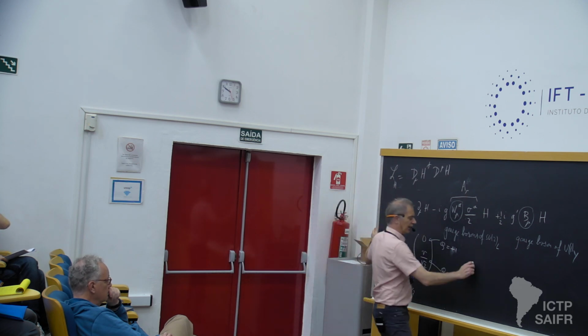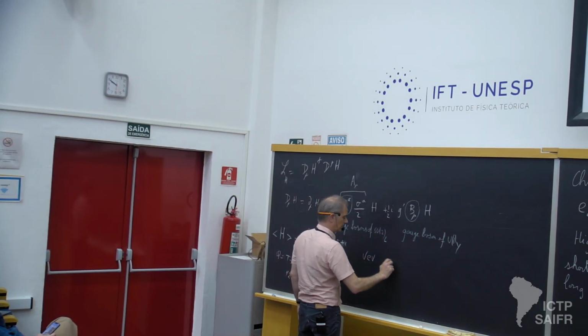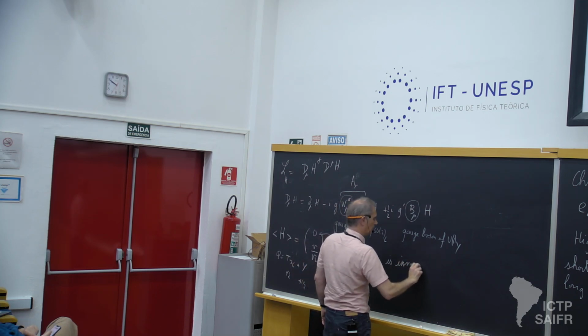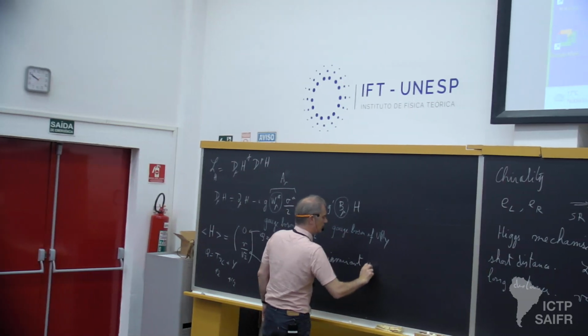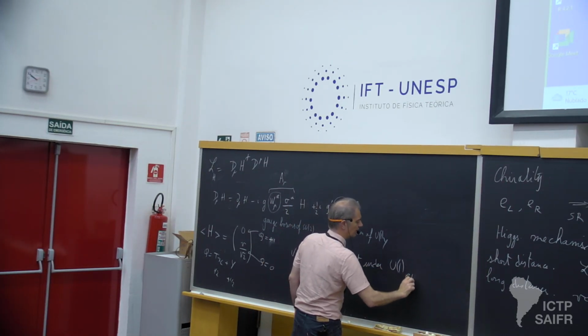So this VEV, the vacuum expectation value of the X field, is invariant under U1 of electromagnetism, right?